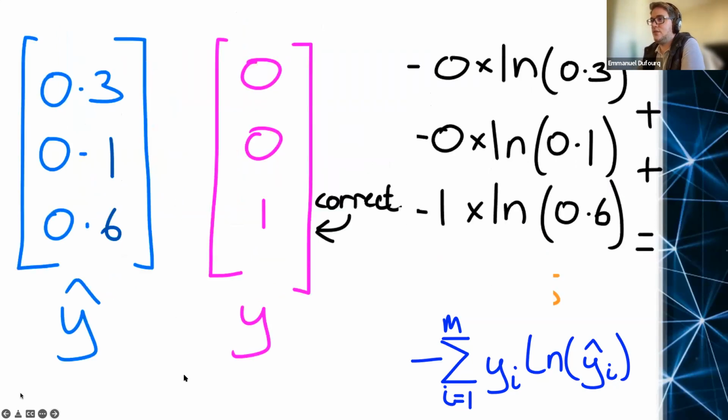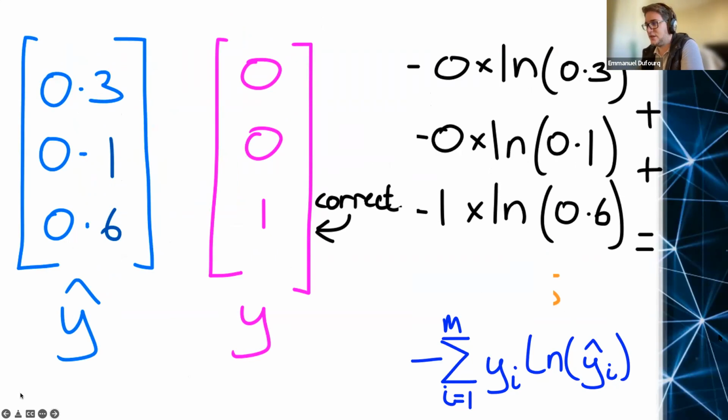Now, instead, what if we have these softmax values where the probability for this class is small, the probability for this class is small, but the probability for this class is now larger.